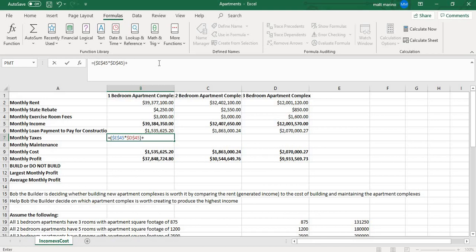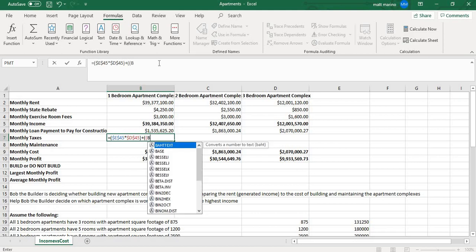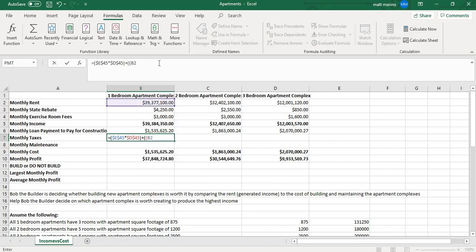We then need to add that to B2, our monthly rent, subtracted by our other absolute cell reference, where 50,000 is, and multiply this by our absolute cell reference of 7.85%. We close this formula out. We now have our monthly taxes.